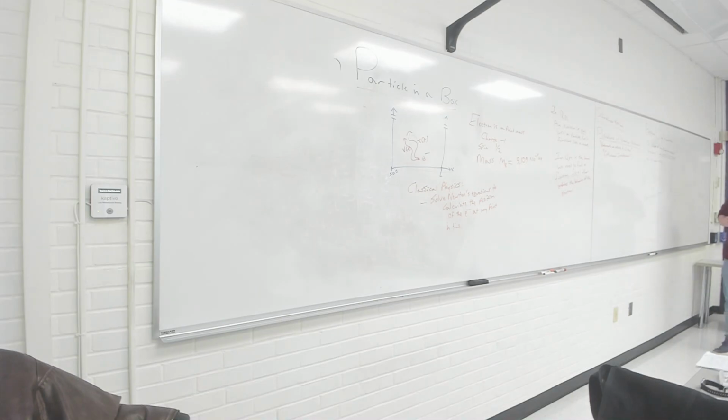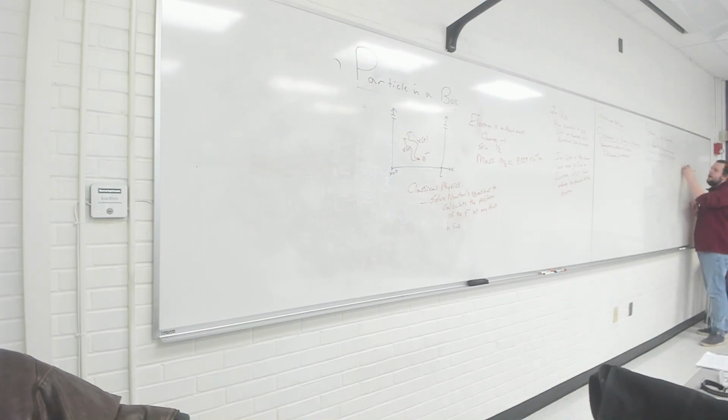Okay, so let's go back to our box for a second. Let me try to explain this property before I introduce it. So let me just draw my box real quick. And let's imagine we don't know where the electron is in the box. We put the electron in, and it's just somewhere. Right? We don't know where.